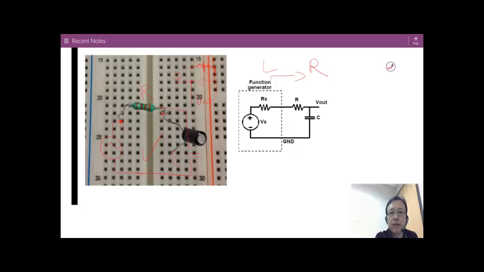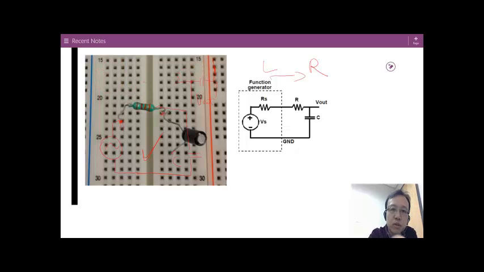Or you can use the gap in this one, put the resistor here, and then put another capacitor here. So this will be your V in, and this will be your V out. But I still prefer this way because it's the simplest way you can build and also easy for you to debug later on. So let's erase this too.